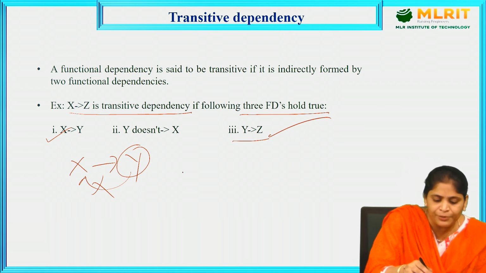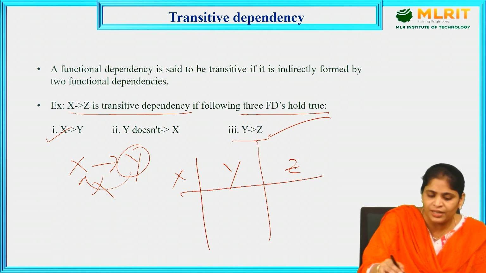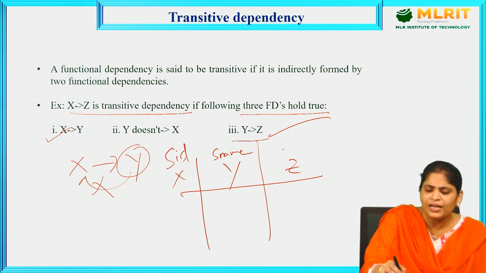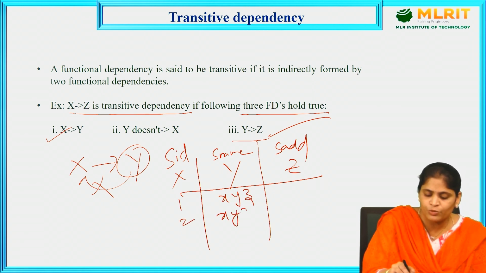So, for example, here let us see X, Y, Z. Let us suppose this is SID, this is SName, and this is student address. SID is 1, 2. SName is XYZ and here also XYZ.